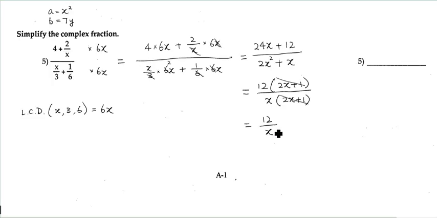Is that all? Don't forget to put down the condition. What is the condition here? Can x be anything? Not quite. X cannot be negative 1 over 2. Where do I get that from?